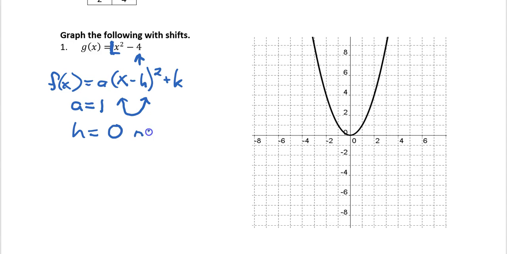So no left or right movement. Any questions on A or H?